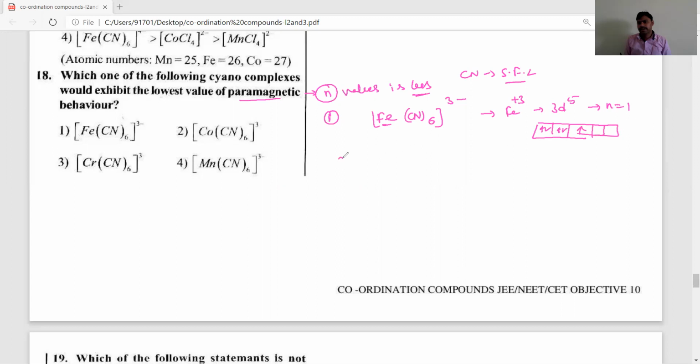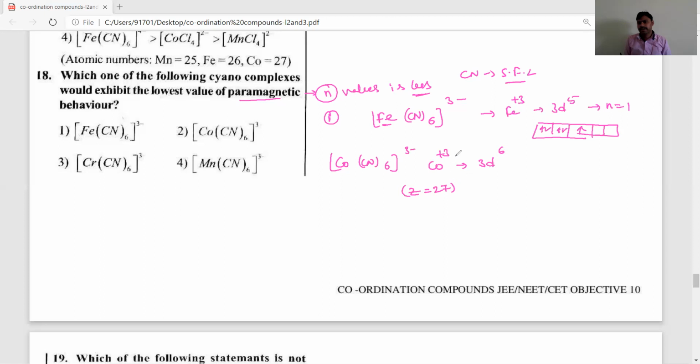Now the second one is Co(CN)6 3-, cobalt in the +3 oxidation state. Cobalt Z is equal to 27, so 3d7 4s2.